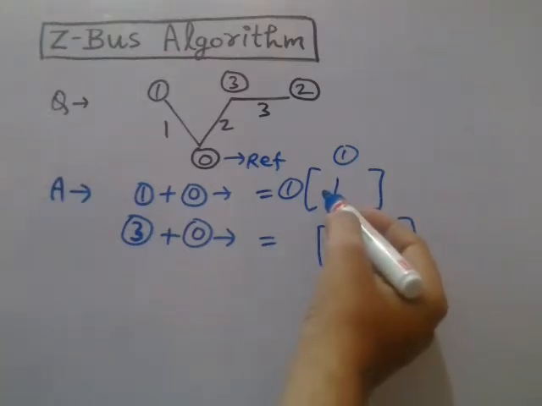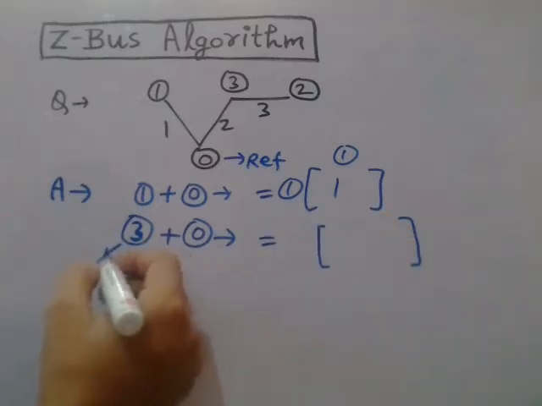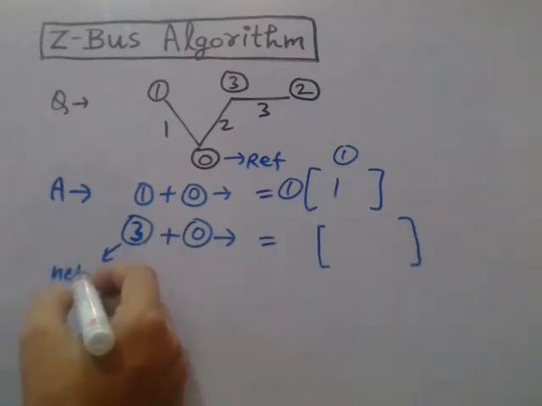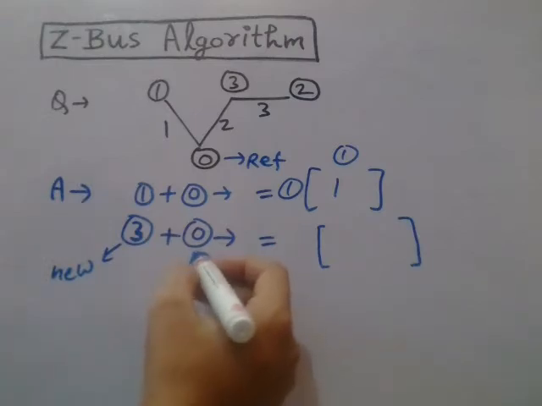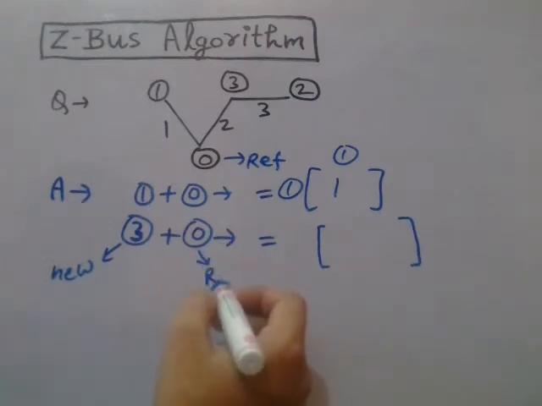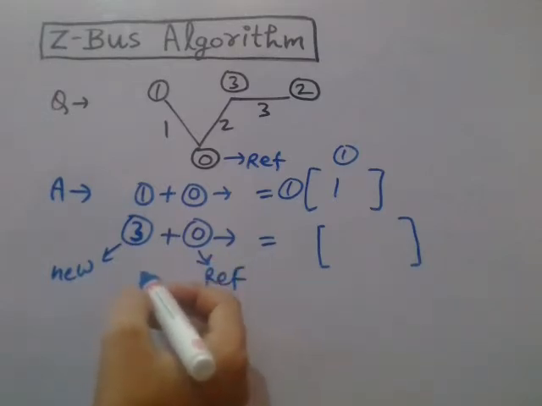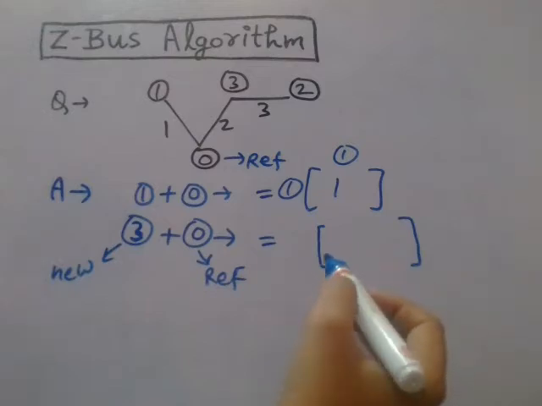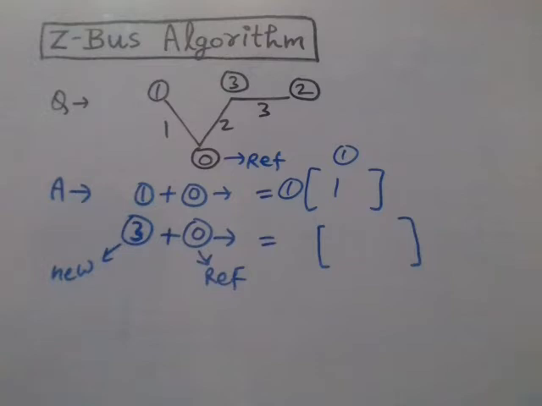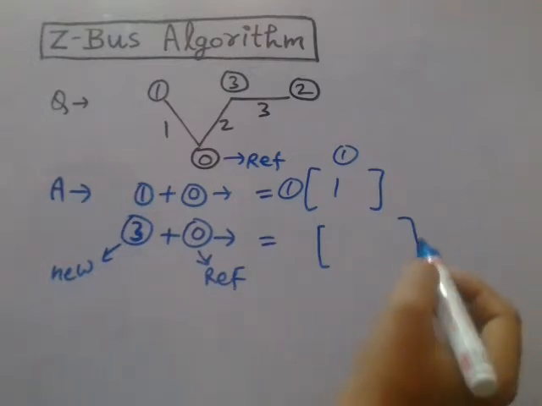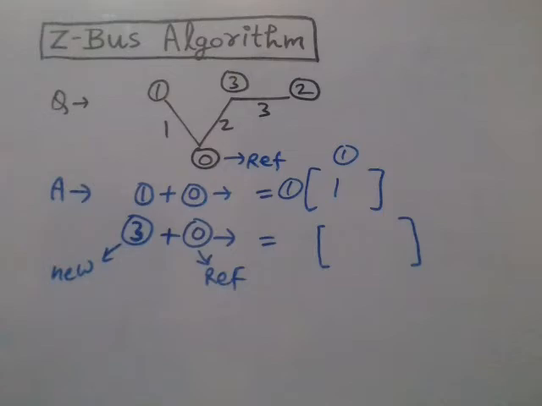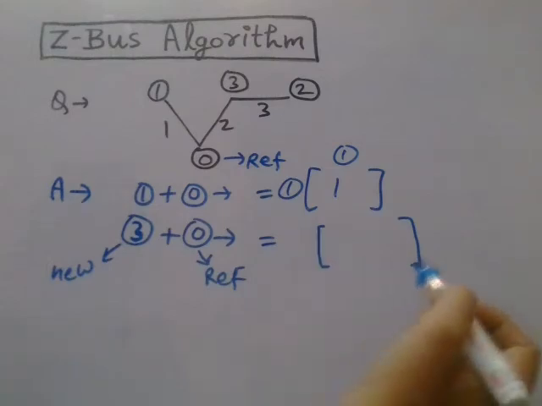Now you see here, this 3 is basically the new node and this 0 is basically the reference node, right? I told you the rule number 3, in which a new node is added with the reference node.